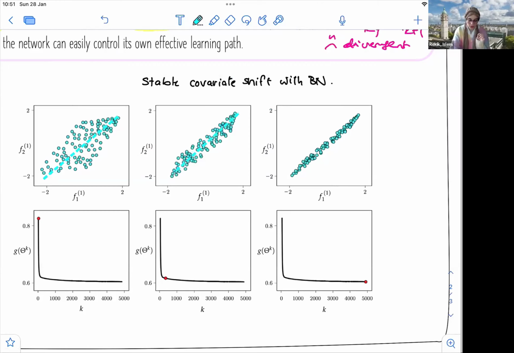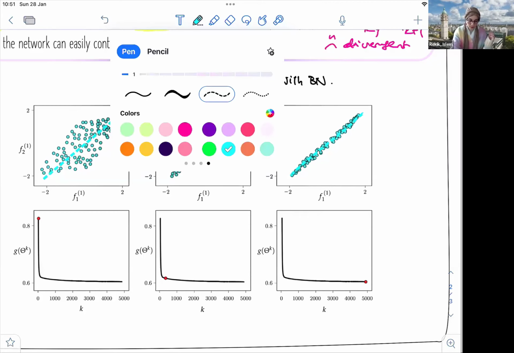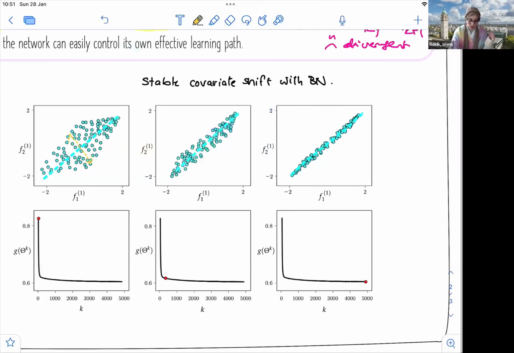It is being scaled a little bit, right? Like there's a scaling there. You can see the width here, right? But still it has the same direction. So we're learning the same relationship between these covariates that will control the final output, right?